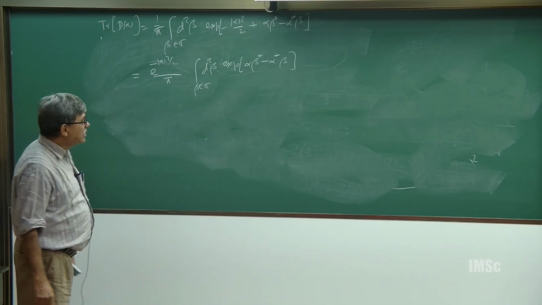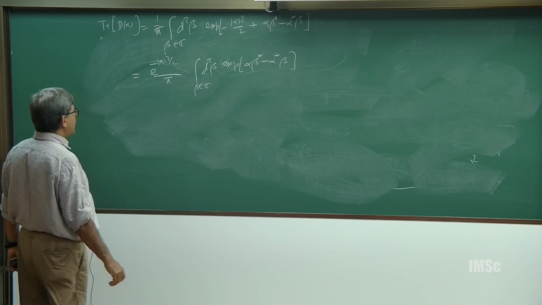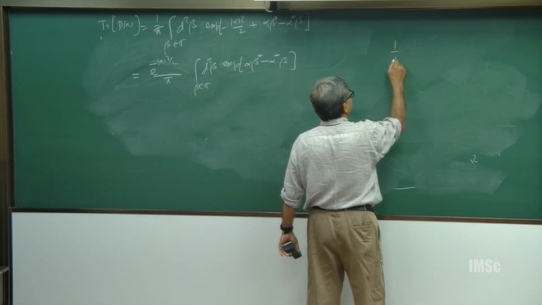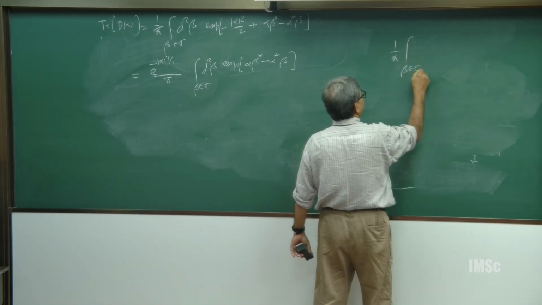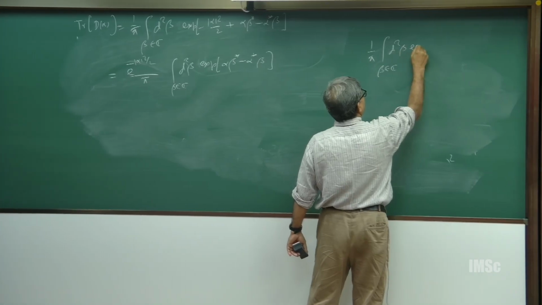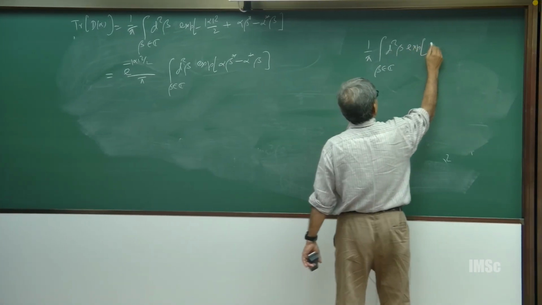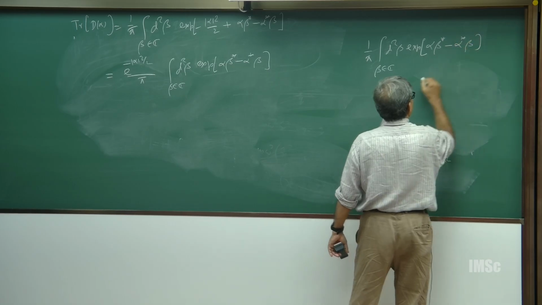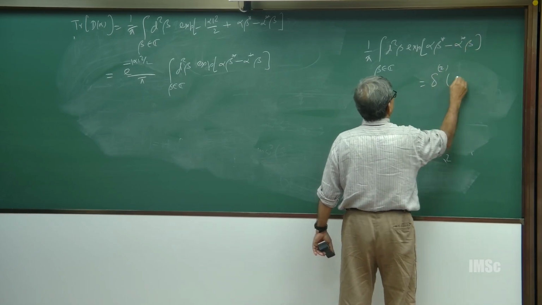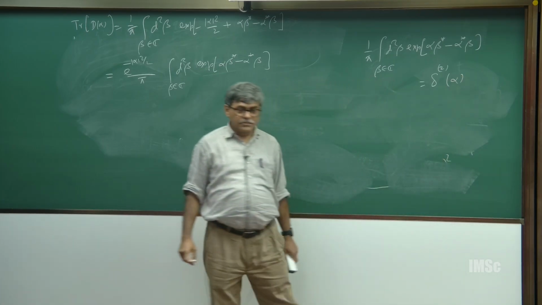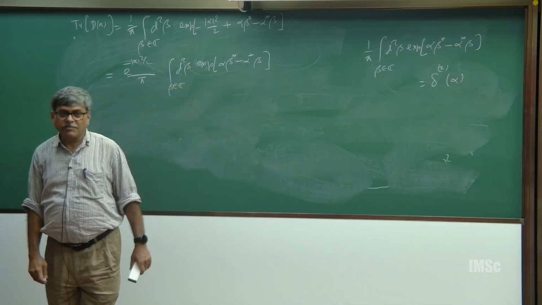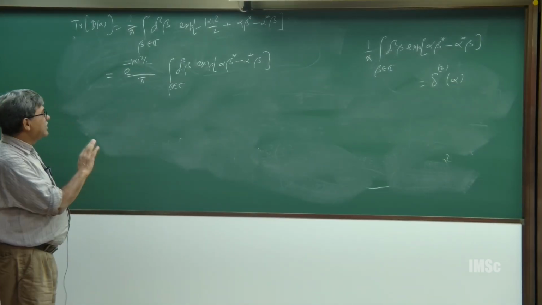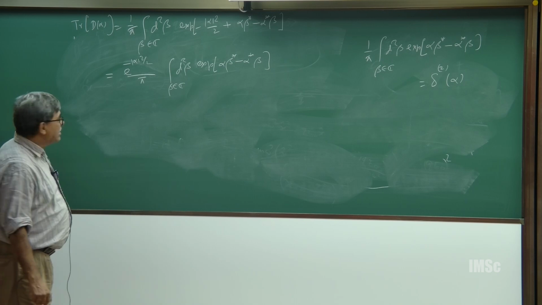Yeah, and this quantity, 1 upon pi, integral over beta belonging to C, d square beta, exponential of alpha beta star minus alpha star beta, is your 2-dimensional delta function. I mean, you can express it in terms of real and imaginary part and figure out this is your 2-dimensional delta function.